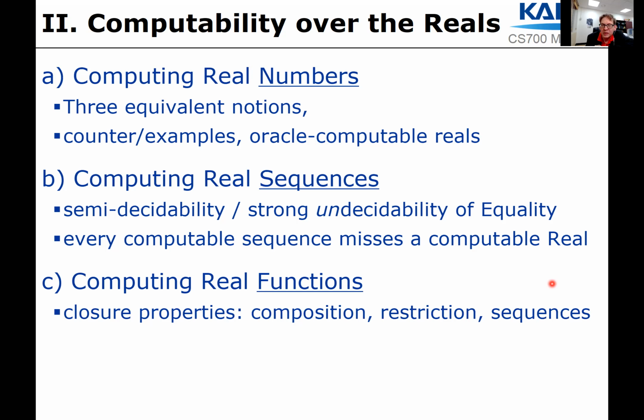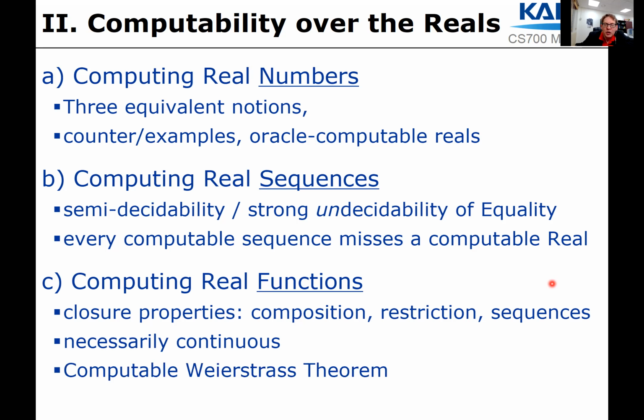We want that the restriction of any computable real function is again computable, and we want computable real functions to map computable sequences to computable sequences. And we saw that the definition we thus arrived at requires any computable function to be necessarily continuous.